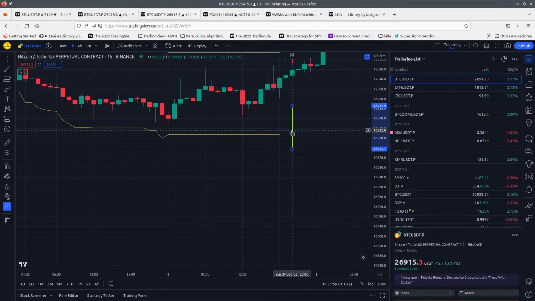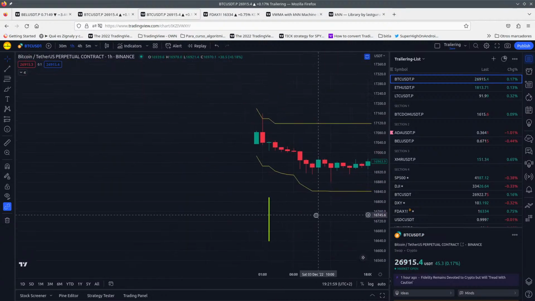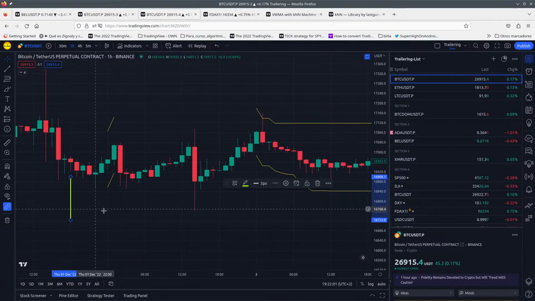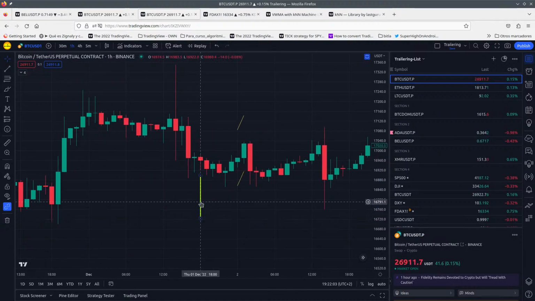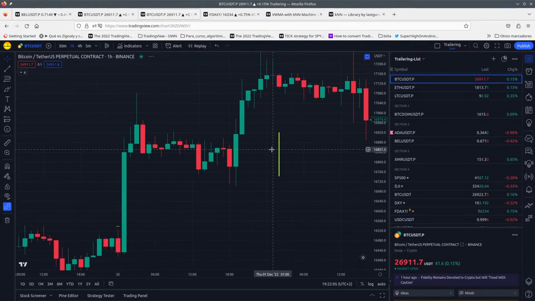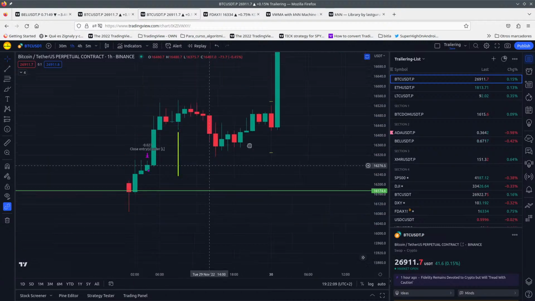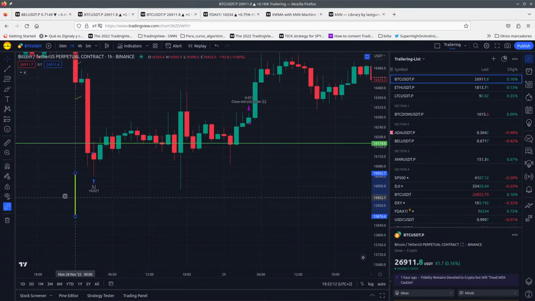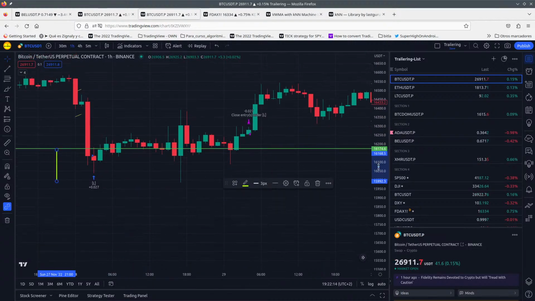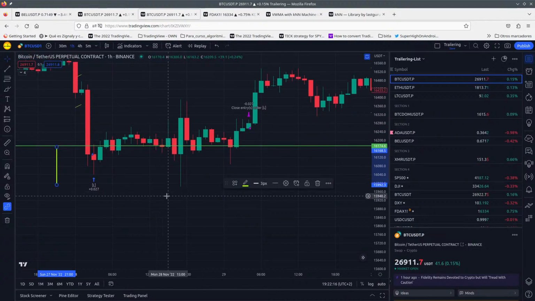I don't know what the hell I want to do. Nobody is interested or something to help me. We managed to do the range properly. Okay, look at this.